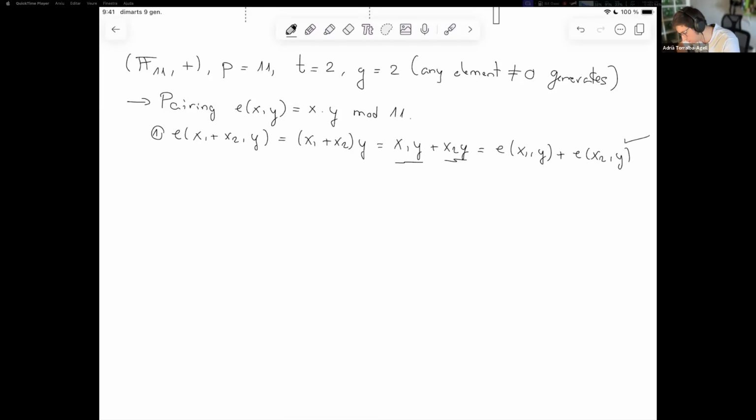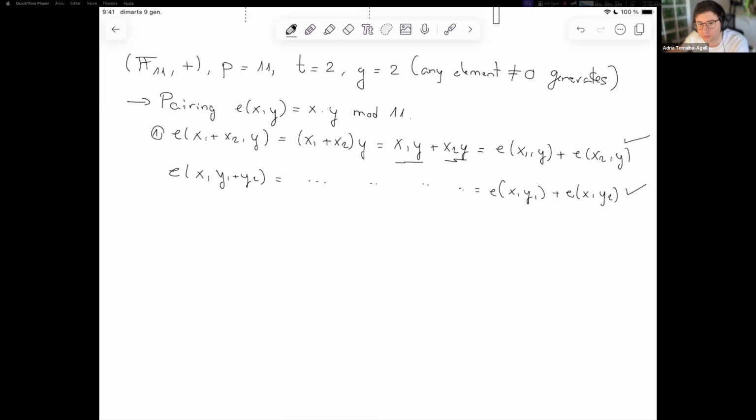So check. We also need to check this the other way around with y, but I hope that you can see that this is equivalent, and we obtain the same result. So the first property holds.